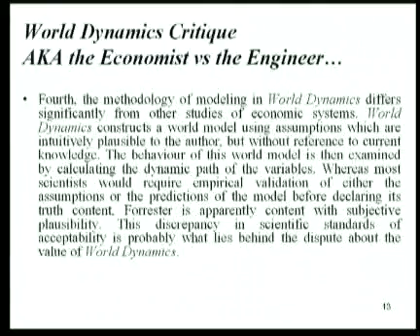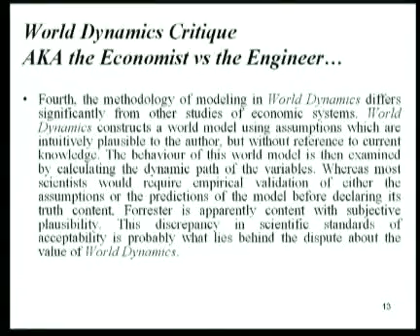So the behavior of this world model is then examined by calculating the dynamic path of variables, whereas most scientists would require empirical validation of either the assumptions or the predictions of the model before declaring its truth content. He says Forrester is apparently content with subjective plausibility.